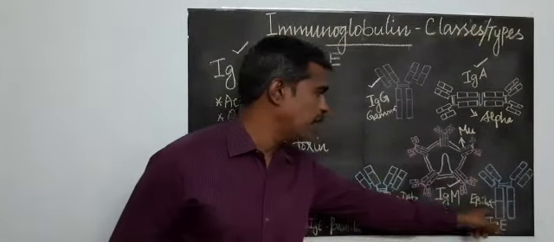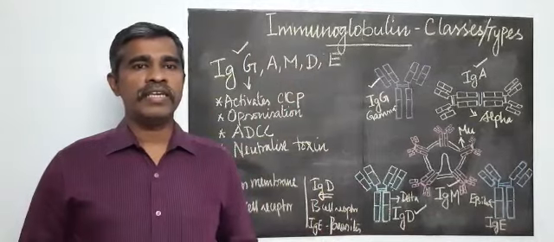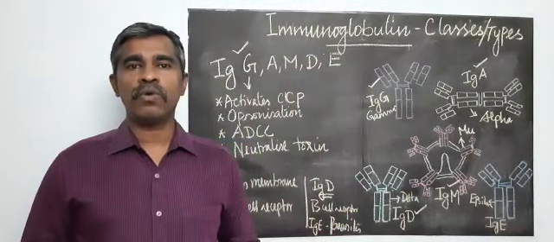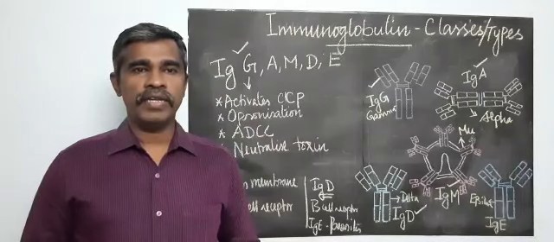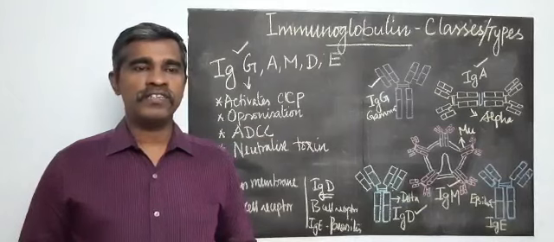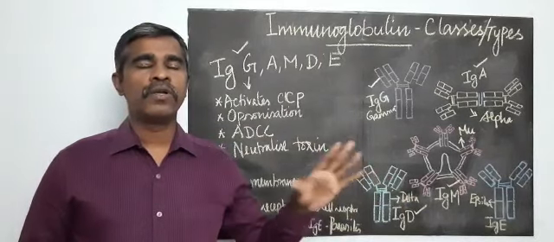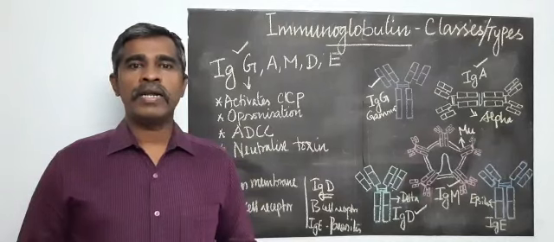The heavy chain type of IgE is epsilon, and this IgE is playing a vital role in providing immunity against the invading parasites, the protozoan as well as the helminth parasites. In addition to that, it is also playing a role in type 1 hypersensitivity.